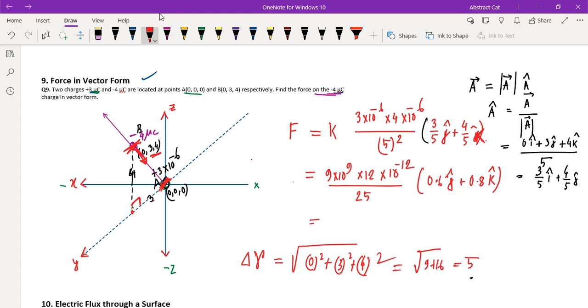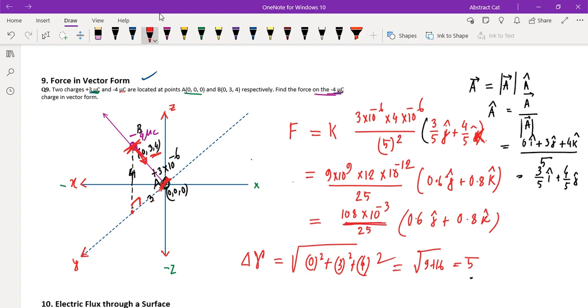So 9 times 12 is 108, and here you get 10 to the power minus 3 upon 25. So direction is 0.6 j cap plus 0.8 k cap.